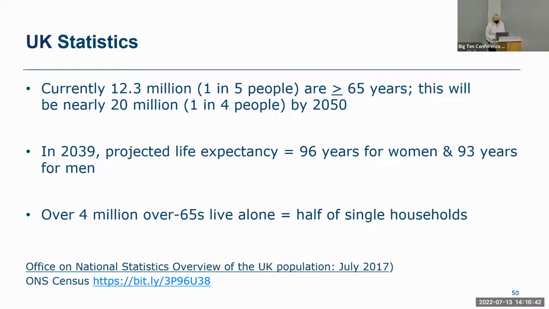The fact at the bottom of the slide is also very important, I think, because many people aged 65 years and older live on their own. A lot of people assume everybody's got somebody in the household who provides support or care. That is not always the case.